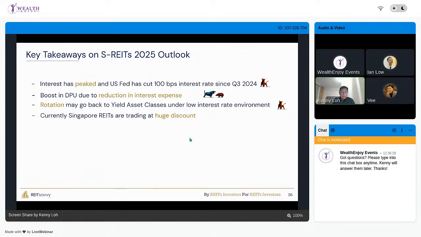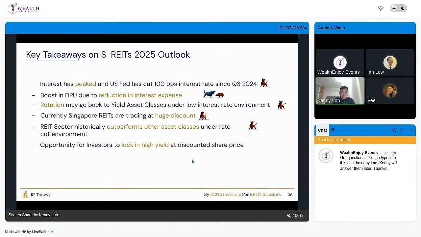And currently, the Singapore REIT sector is trading at a huge discount, which is a bullish sign. The REIT sector historically outperforms other asset classes under the rate cut environment. This is a good time for investors to lock in a high yield at a discounted share price. And the chart itself has shown we are trading near the bottom and also at a very strong support.